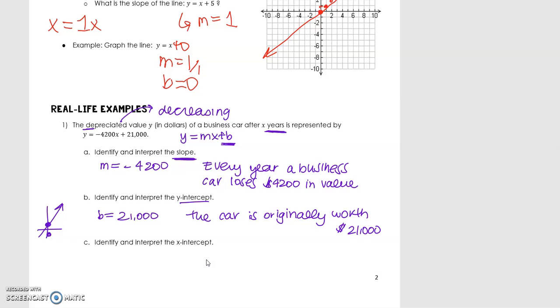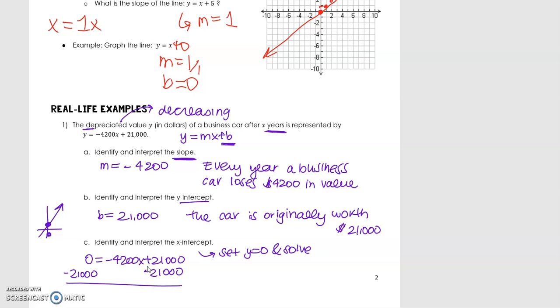Well, guys, we have to remember how to find the x-intercept. In order to find an x-intercept, remember we set y equal to 0 and solve. So I'm going to set y equal to 0, and then we're going to solve this for x. I'm going to subtract 21,000 on both sides.